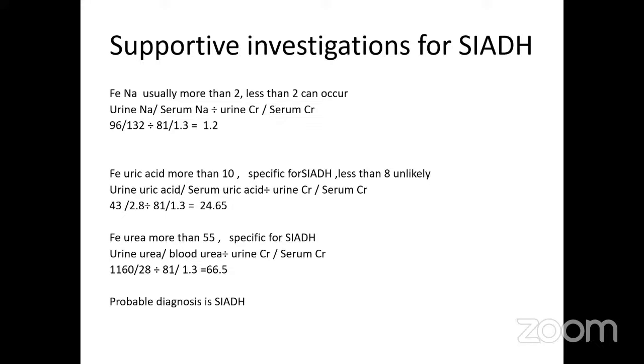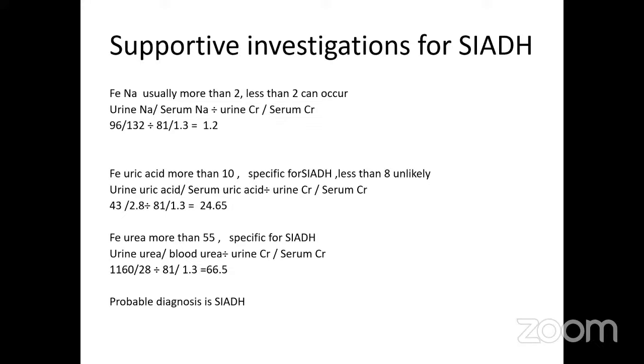Urine sodium by serum sodium divided by urine creatinine by serum creatinine. Substituting urine sodium 96, serum sodium 132, urine creatinine 81, serum creatinine 1.3, all in milligram per deciliter, the value is 1.2.